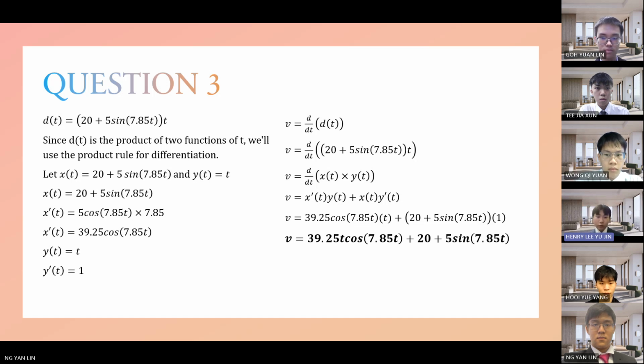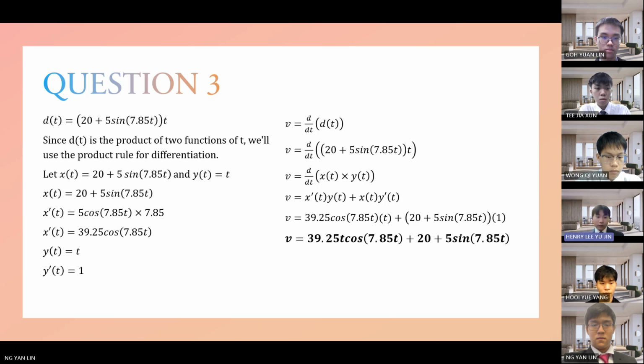So, we're going to use the product rule. Let x(t) equal 20 plus 5 sine 7.85 t, and let y(t) equal t.